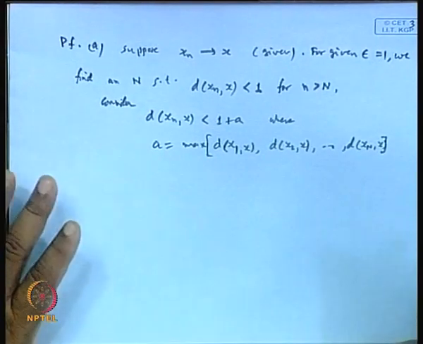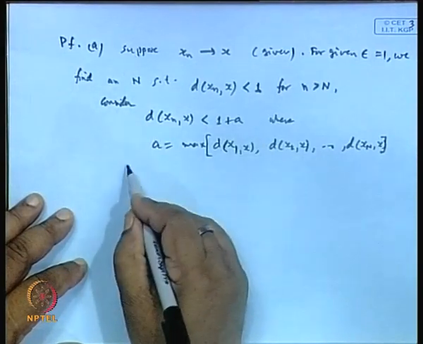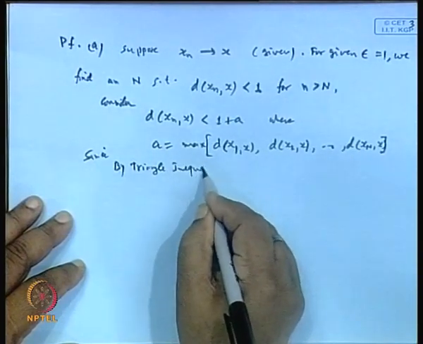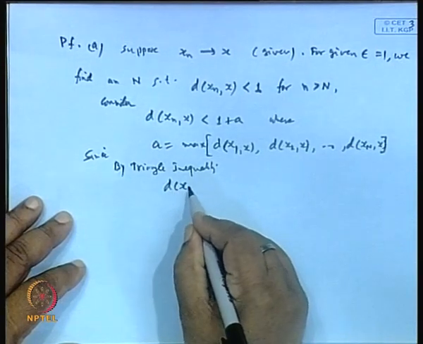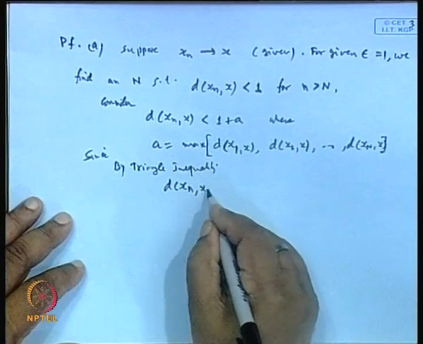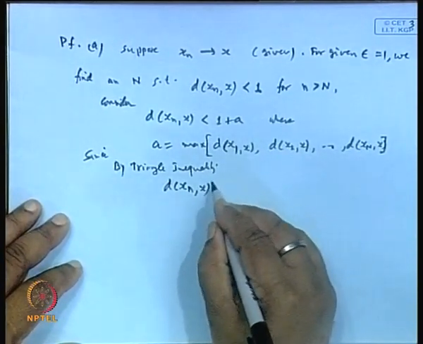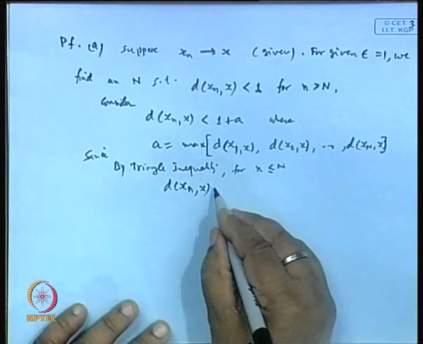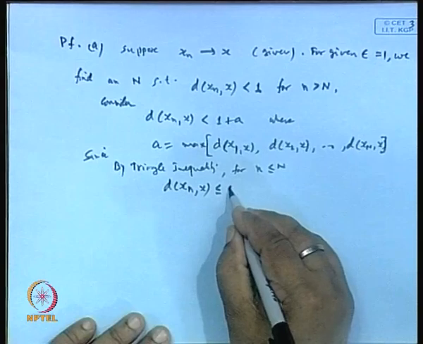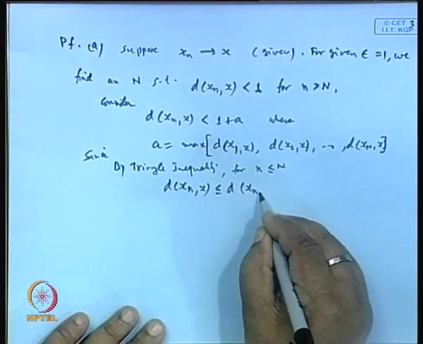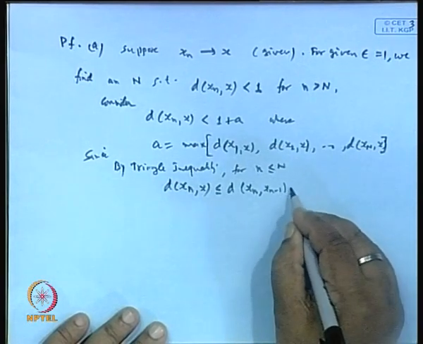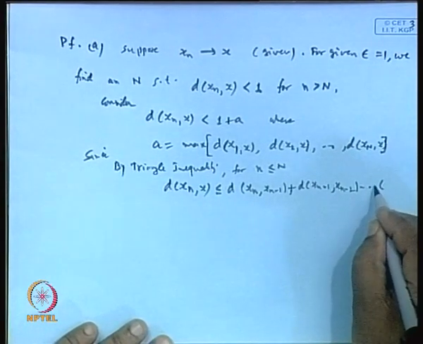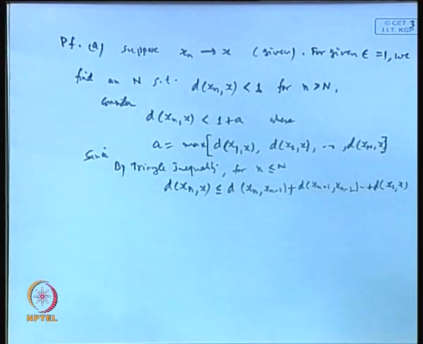Okay. Now, how does this follow? By the triangle inequality, we can write d(x_n, x), when n is less than or equal to N, as less than or equal to d(x_n, x_{n-1}) plus d(x_{n-1}, x_{n-2}), and lastly it goes to d(x_1, x).